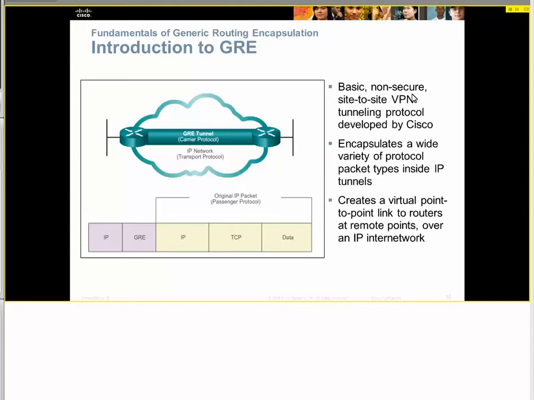So let's say, for example, in the old days, we had a very, very powerful protocol called IPX. IPX was a protocol created by Novell for NetWare. Good protocol, but it was primarily, and in fact almost exclusively, a LAN protocol.